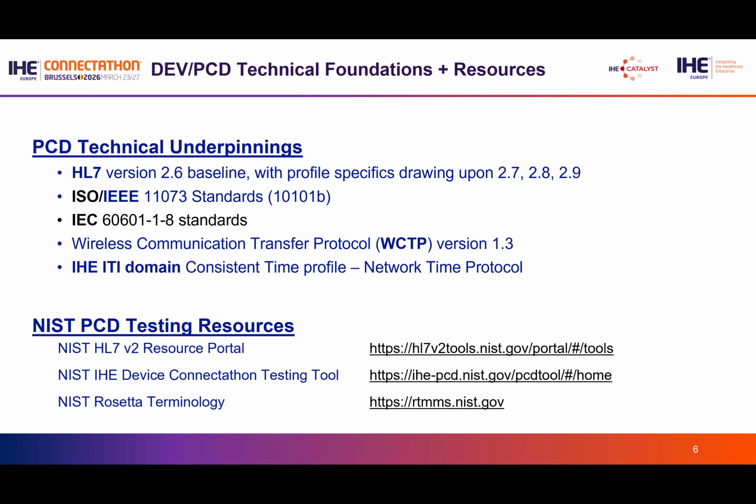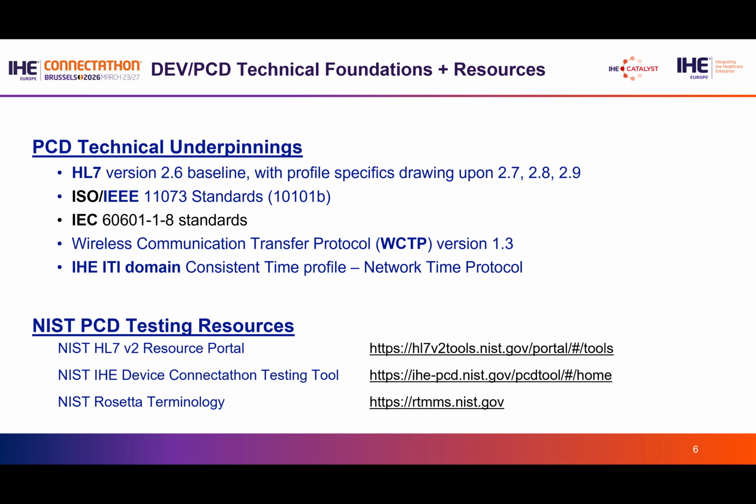We make use of testing tools provided by the U.S. National Institute of Standards and Technology, or NIST. The first URL gives you links to all the tools. The main ones used by PCD are the Rosetta Terminology, or RTMMS, which provides a list of all the REF IDs from IEEE 11073 10101B that are used in the messaging. The other link is to a Connectathon test tool, which provides sample messages for each PCD profile, as well as doing validation of user-supplied messages.